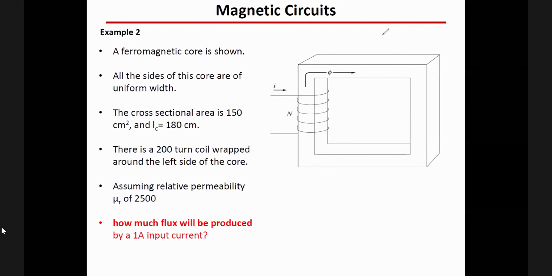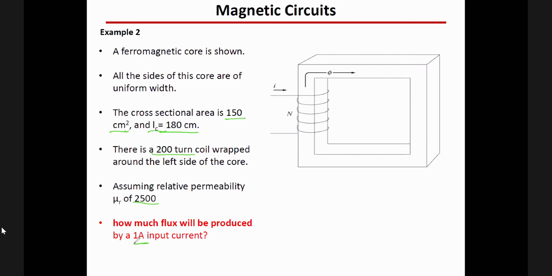So another example similar to the previous one. A ferromagnetic core is shown. All the sides of this core are uniform with 150 centimeter square area, 1.8 length, 200 turns, relative mu r 2500. How much flux will be produced by a 1 amp input current?